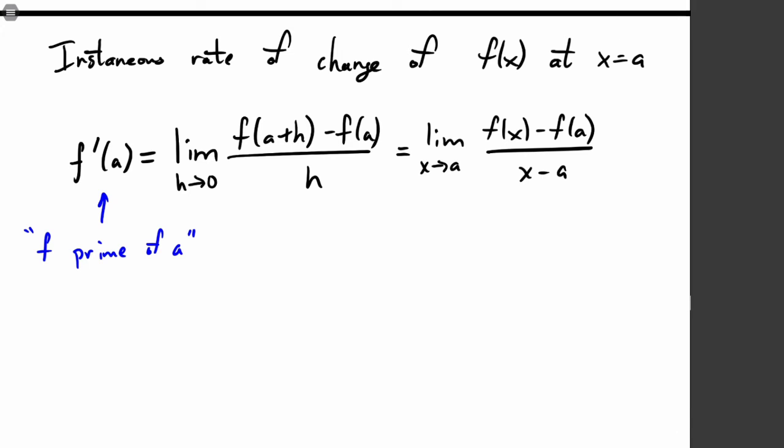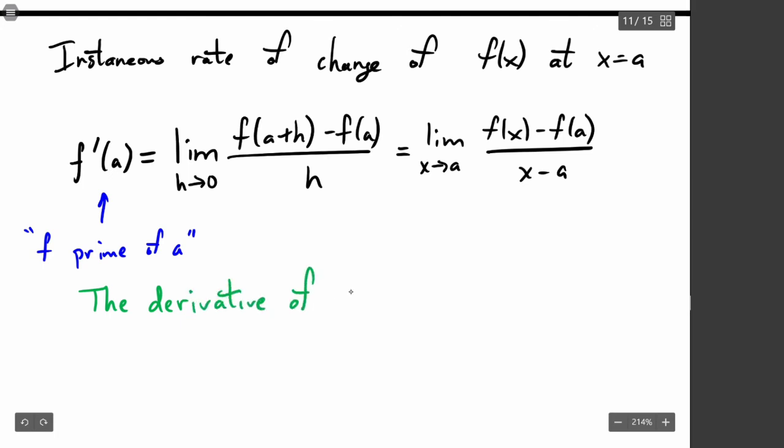So this quantity here, another way we say this is the derivative of f at, you could say at x equals a or just at a. I'll say just at a, because that's the value here that we're plugging in.